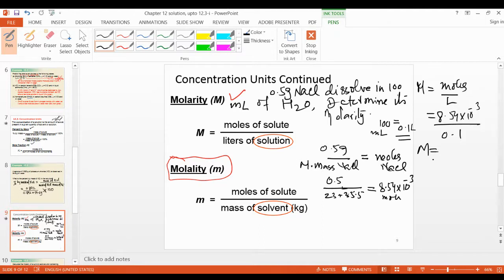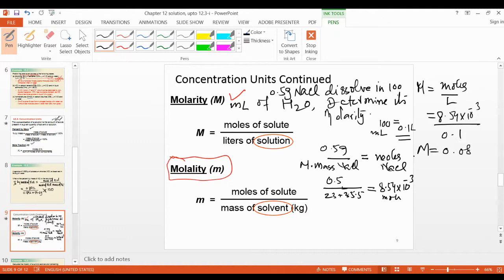It will be 0.08. Or 85.4 multiplied by 10 to the power minus 3. No, molarity, how much did you get? I got 0.0854.